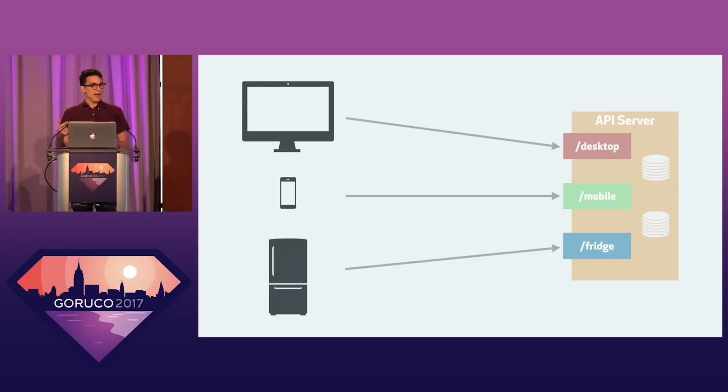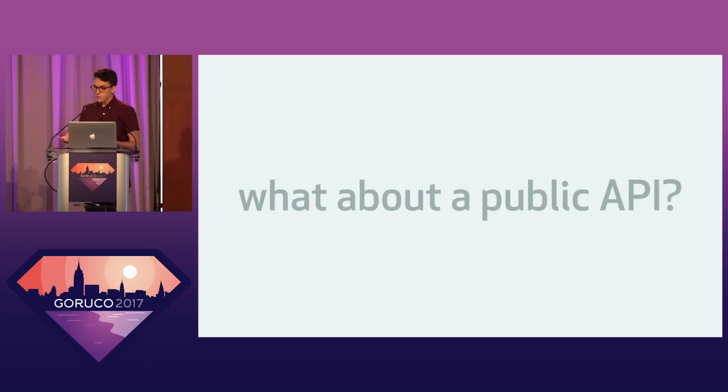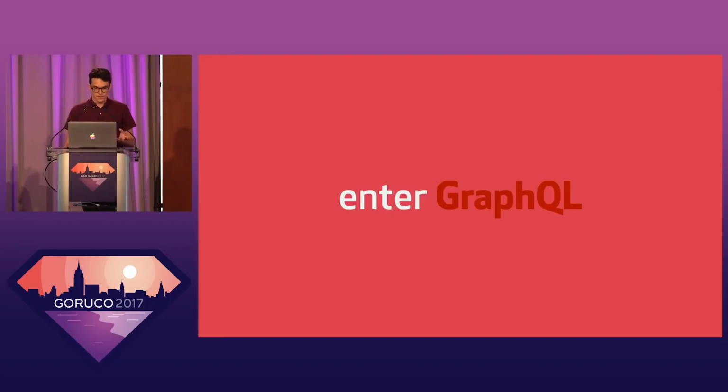The older devices that haven't been updated end up getting all of this new information that they may not be using. And this also only really works if you as the API designer are in control of the client and you completely understand the data requirements that that client may need. And what about in the case of a public API where you may not know anything about the data requirements of your clients? Well, that's where GraphQL comes in.